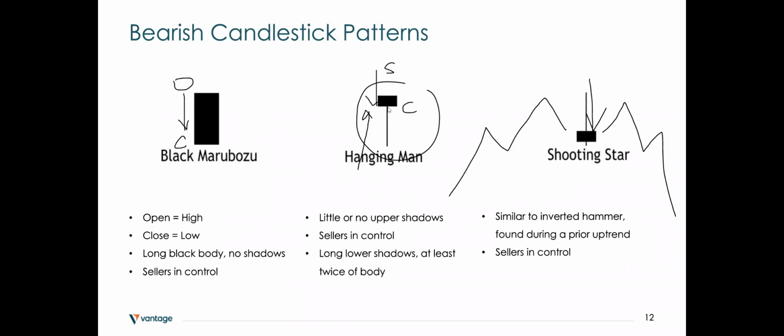So this wick by itself shows that it is a strong bullish push up by buyers. But the fact that it is met with an equal or more sell volume to close this candle below the open tells us that this is a bearish pattern. And again, this is a no-brainer. This is basically your sell coming down, and your sellers were able to have an edge over the buyers to close below your open.